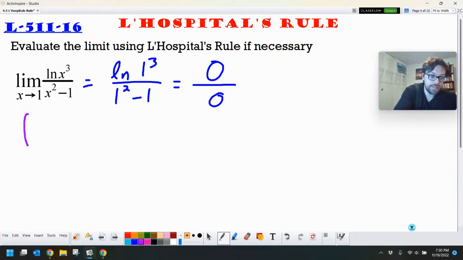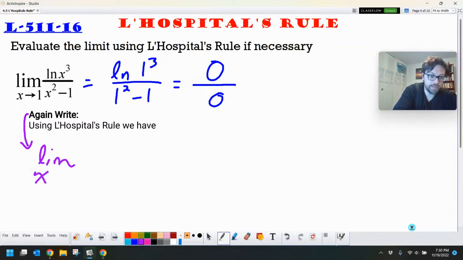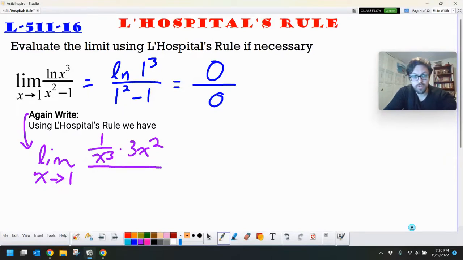So this limit is going to be equal to the limit as x approaches 1. We do the derivative of that top part, so that is 1 over x cubed multiplied by, doing a chain rule, the derivative of our inside, which is 3x squared. Note that I'm not doing the quotient rule again, because this is just the derivative of the top over just the derivative of the bottom. And then in the bottom, we get 2x.